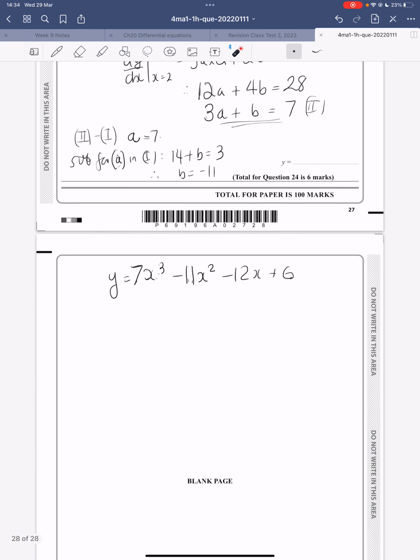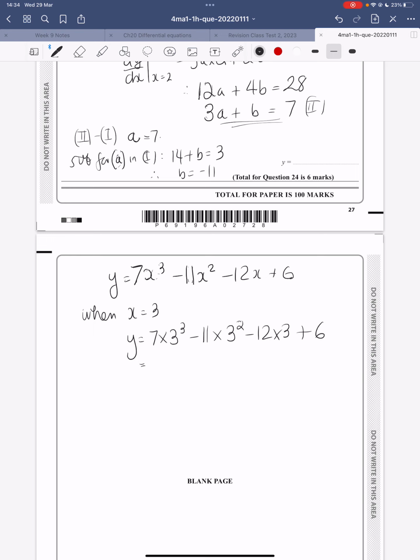When x equals 3, y equals 7 times 3 cubed minus 11 times 3 squared minus 12 times 3 plus 6.